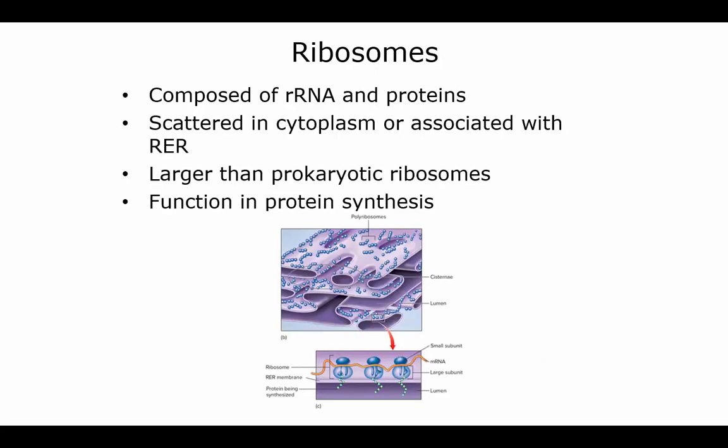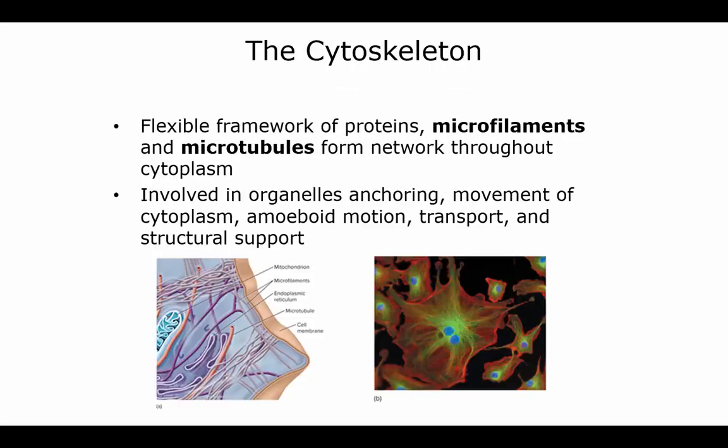Talked about ribosomes a little bit already. They're made of RNA and proteins, and they can be scattered around in the cytoplasm or on the rough ER. They're going to be larger than prokaryotic ribosomes, but they do the same thing: protein synthesis, making proteins.